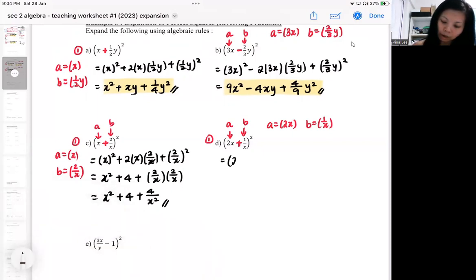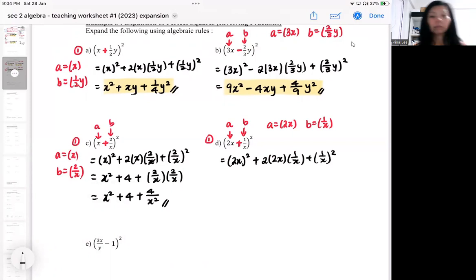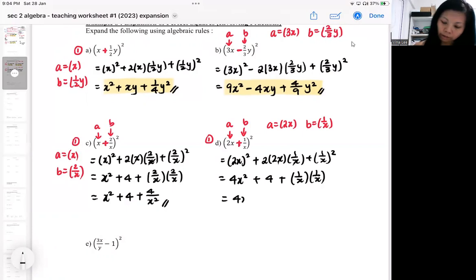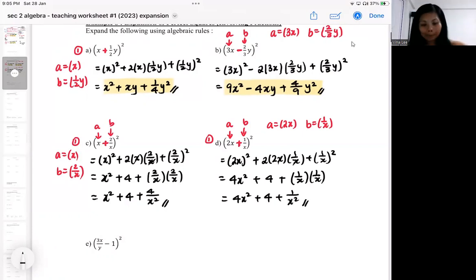Your formula will be a squared plus 2ab plus b squared. This will be a 4x squared. x and x can cancel. I'm getting a 4. Fraction squared means 1/x times 1/x. So that will give you a 1/x squared.